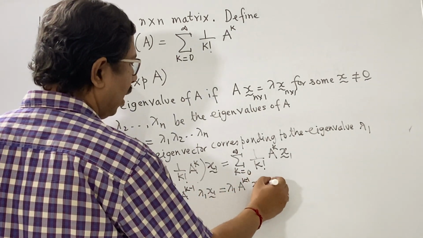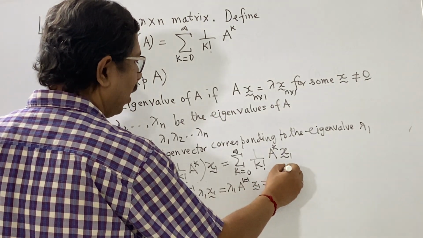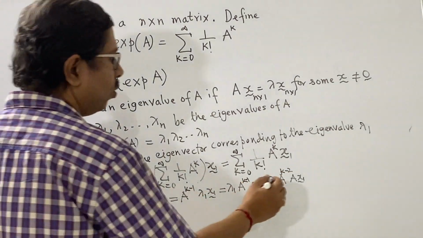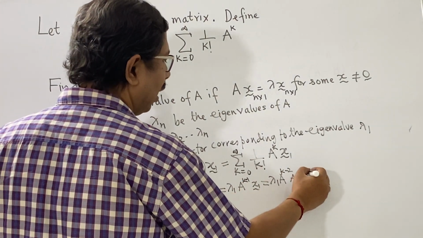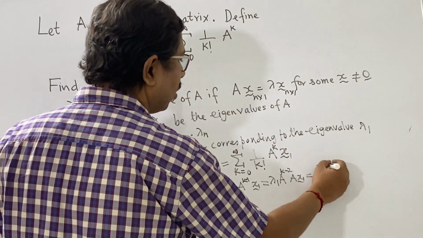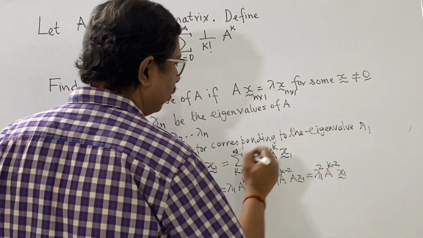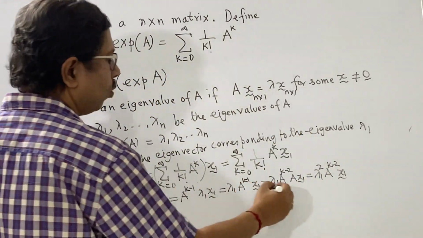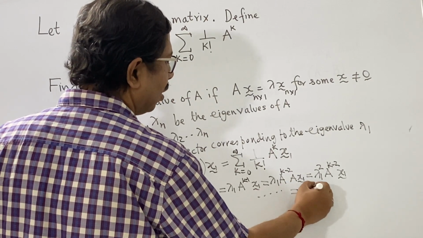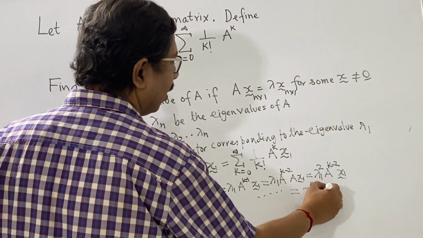Now this again can be written as lambda 1 A^(k-2) into A x1. Again, using A x1 is lambda 1 x1, we can write this as lambda 1 squared A^(k-2) x1, and we can repeat this argument several times to get lambda 1 power k x1.